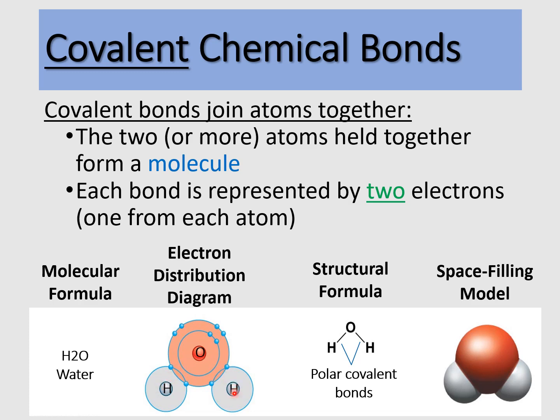So each oxygen is making a bond with 2 hydrogens, 2 covalent bonds. But if we notice, we were talking before that oxygen is such a larger molecule than hydrogen that it's going to pull the electron toward it, and it's going to spend a little more time with that oxygen. Okay, so we call those polar covalent bonds. Okay, and we'll talk about that in a little bit as well.